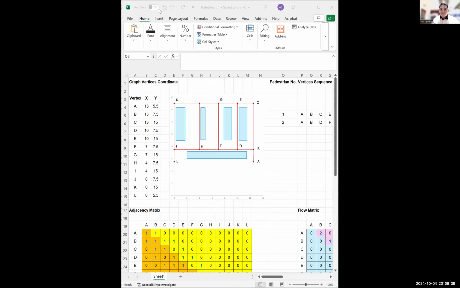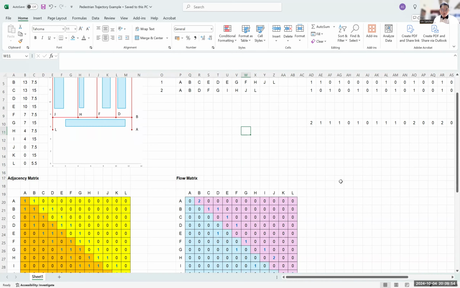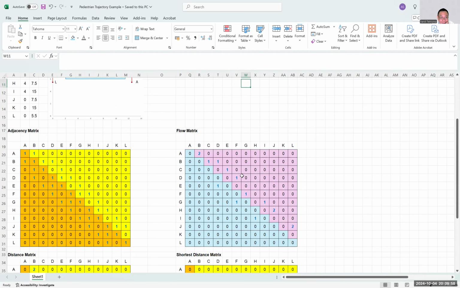Here, sir, it's my Excel showing. I'm trying to replicate the exercise presented in class. So the vertices, from 12 vertices, then the edge flows. Okay. Yes, sir.